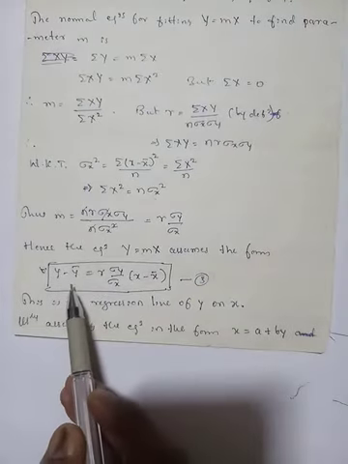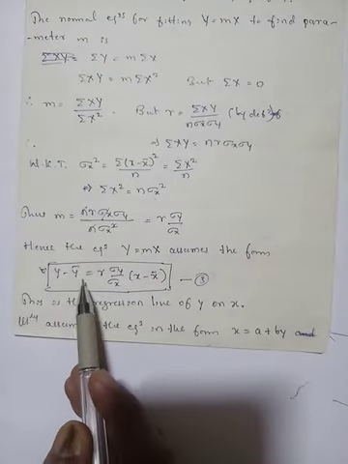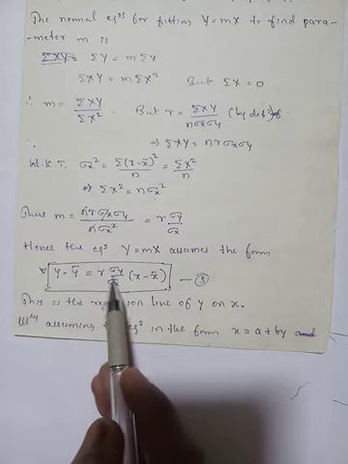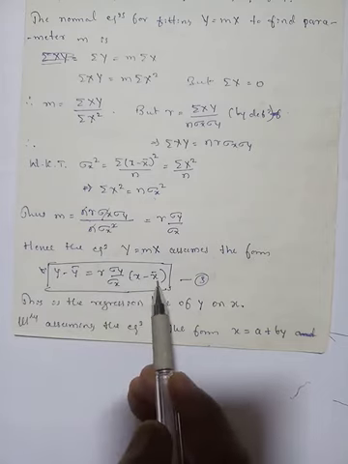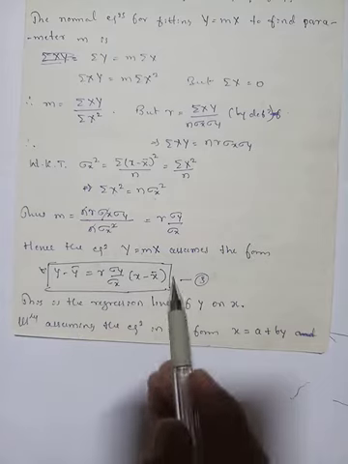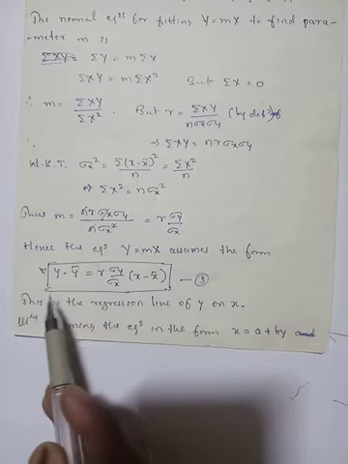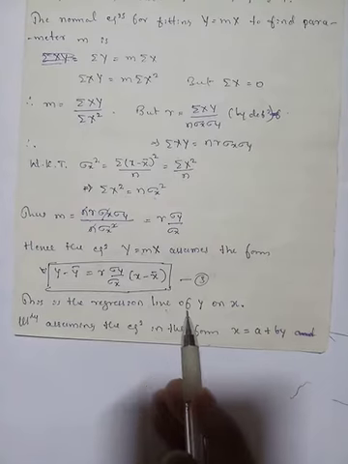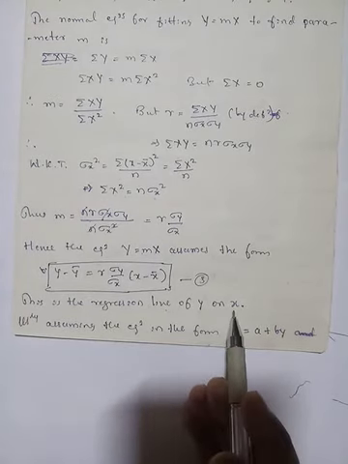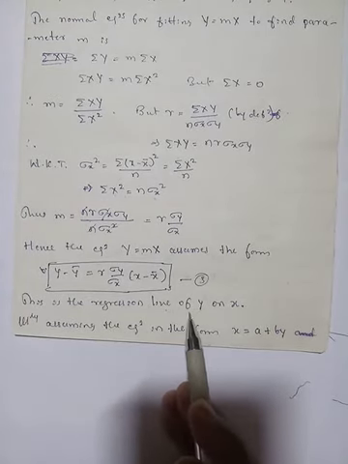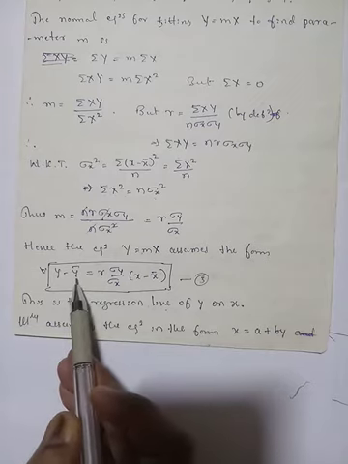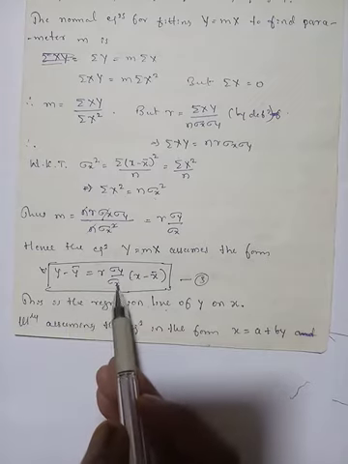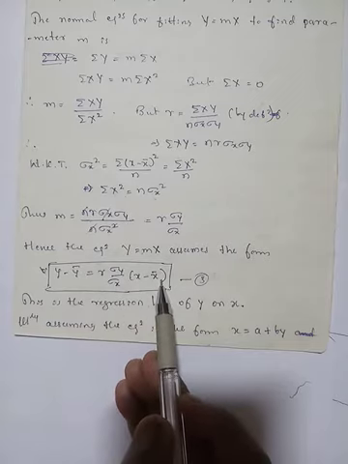Y minus y bar equal to r into sigma y by sigma x into x minus x bar. So this is the formula to find the regression line of y on x. Remember that this is the regression line of y on x.